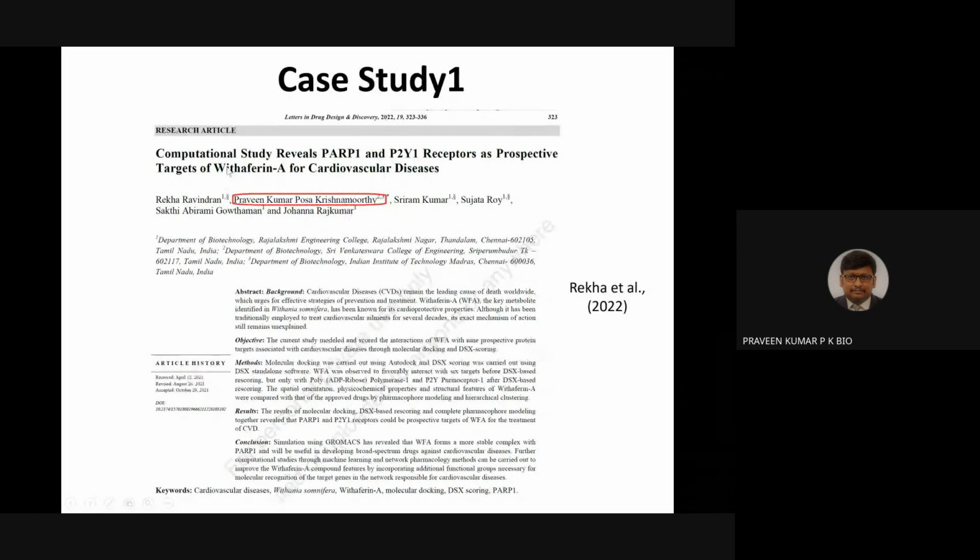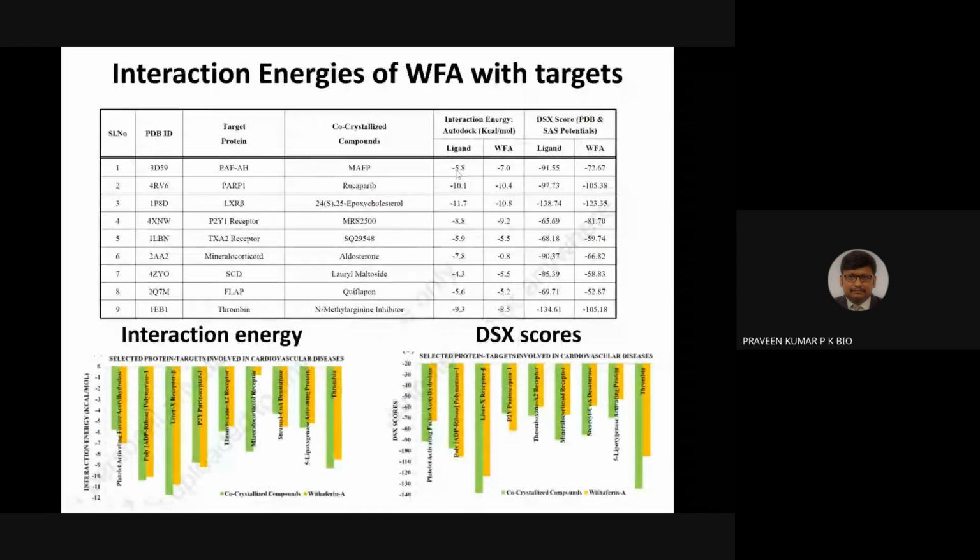In 2022, a paper was published on computational studies of a plant compound, withaferin A. This is a plant steroidal lactone from ashwagandha, which can be used for treating cardiovascular diseases. I targeted two important receptors. Initially I took multiple receptors, but these are the most important ones we got as targets, and our plant compound docked well with them.